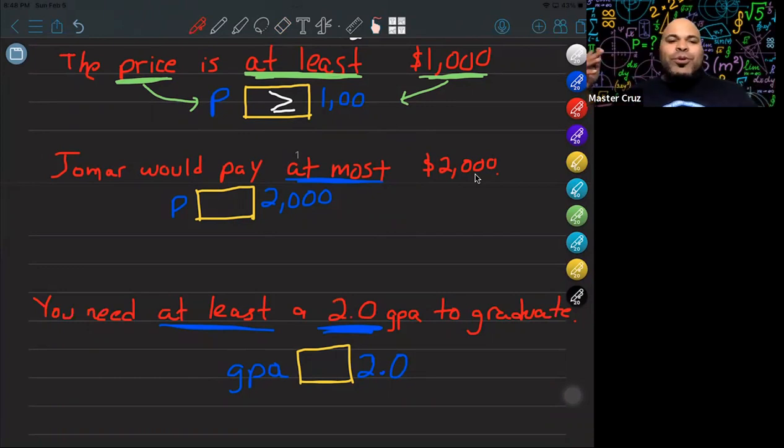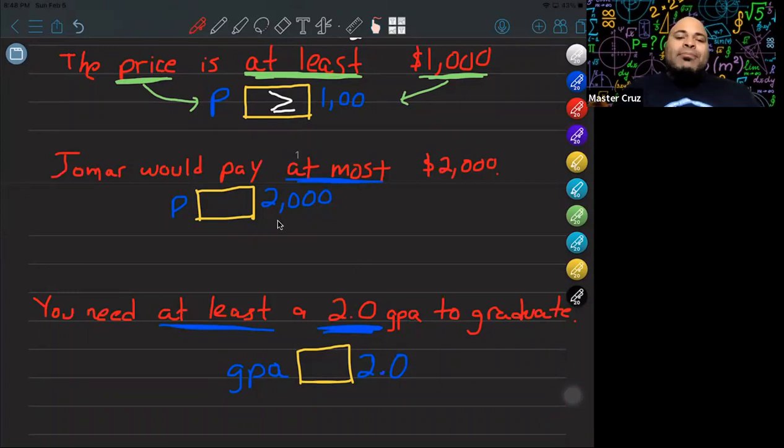You've never been to New York, and you make your budget and you say, I need $2,000 for a hotel, for air tickets, for eating, and all that great stuff that you're going to do for a whole week. You would pay at most $2,000. Does that mean that you will pay less than $2,000 or you will pay more than $2,000? Well, the word at most means a maximum.